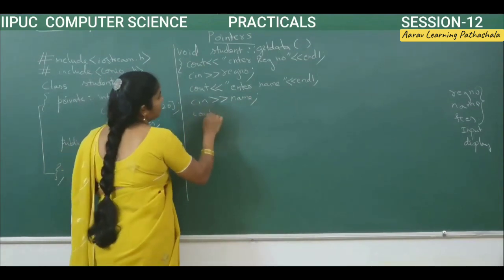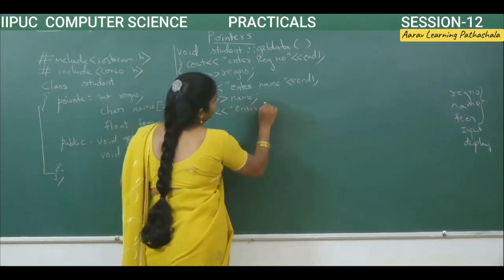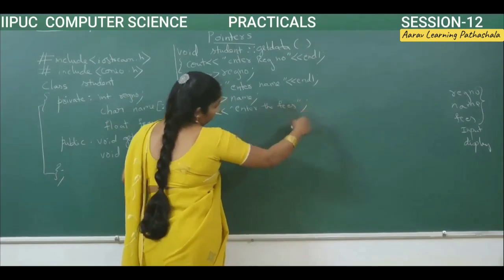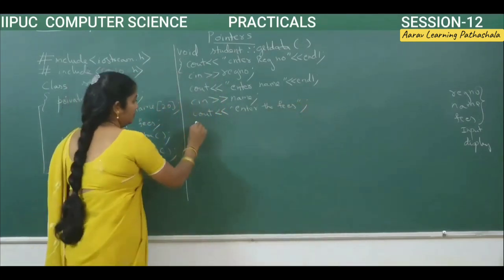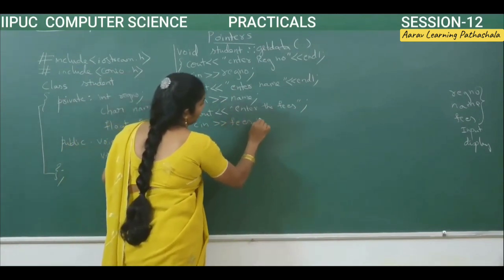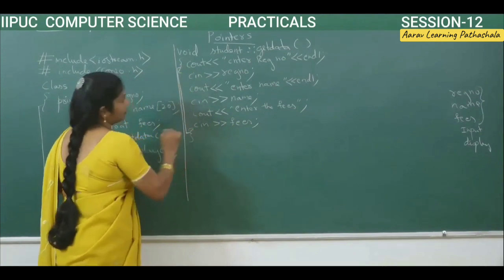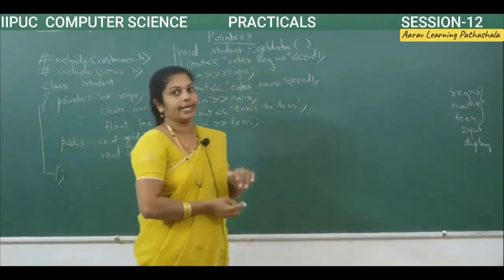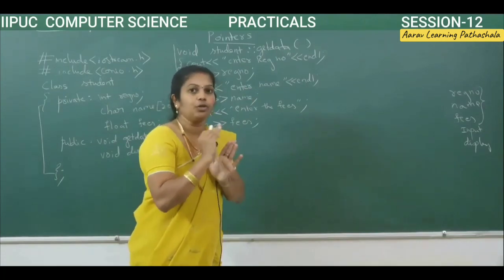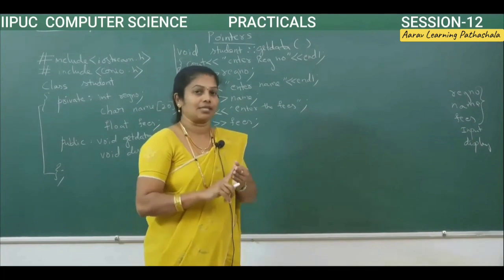Then cout, insertion operator, Enter the fees. Now input that with cin, extraction operator, fees. Then close the function which you opened. This is the getdata function. We just input all the values: register number, name and then fees.